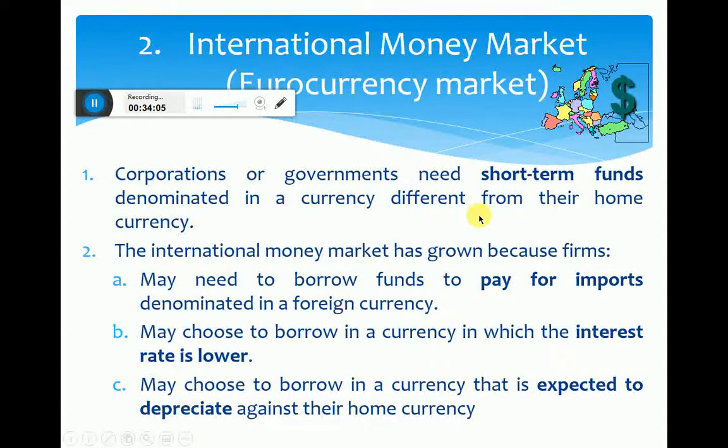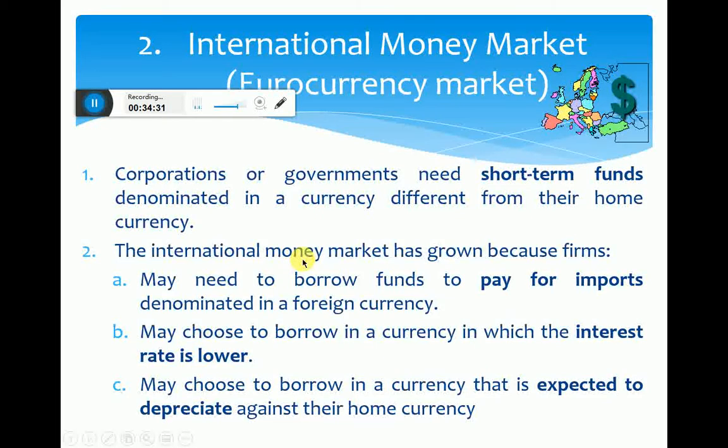For example, the government of Afghanistan is in need of short-term funds in dollars, or in pounds or in euros, other than Afghani. So from where will they get these funds? They can access the international money market. It's for short term, and number 2, it's in another currency.